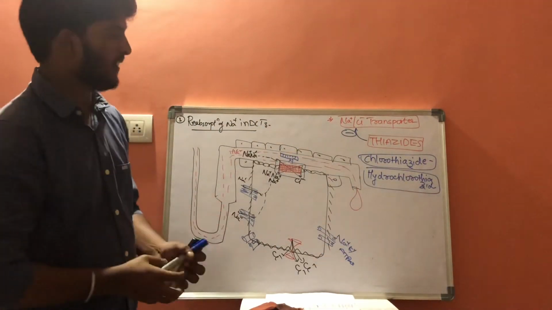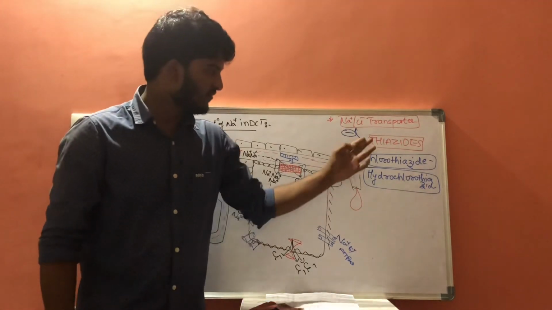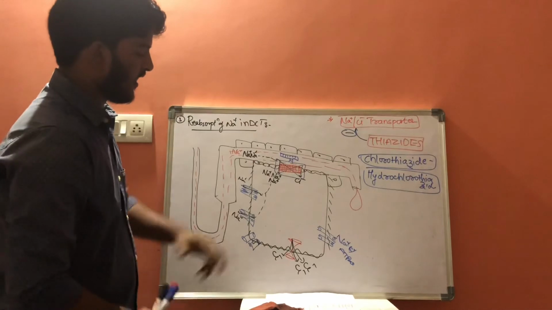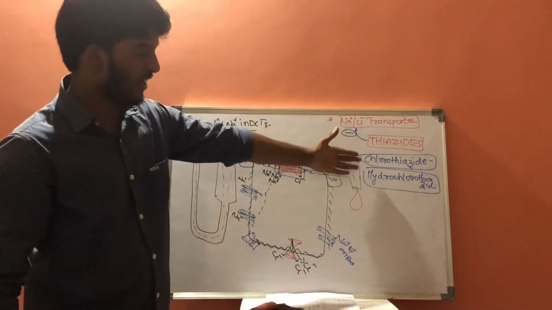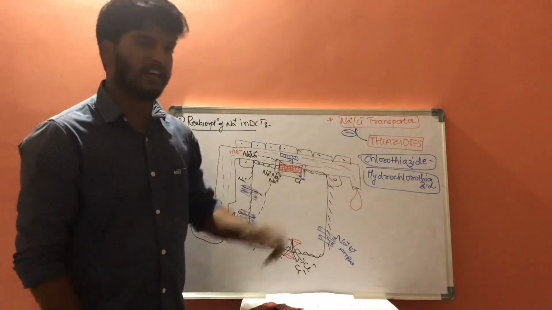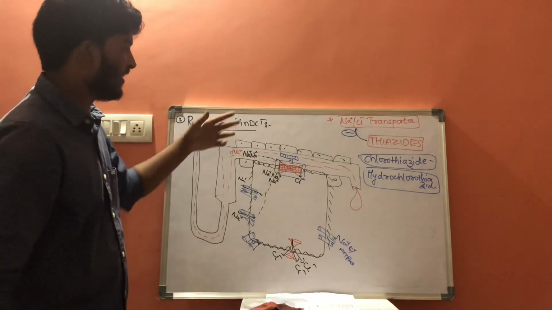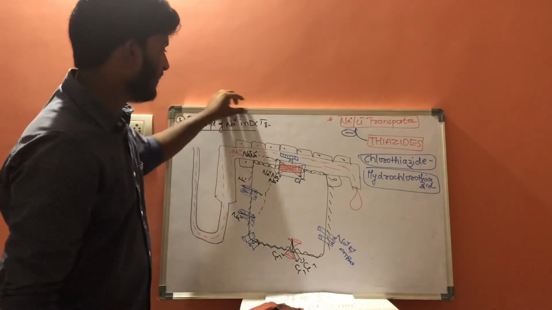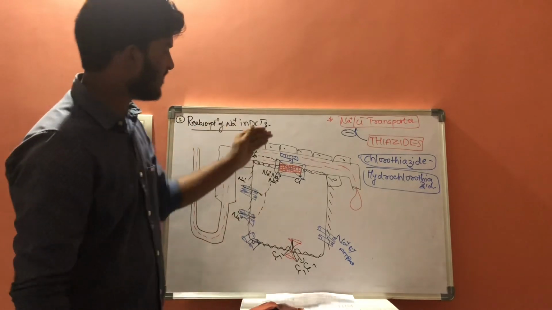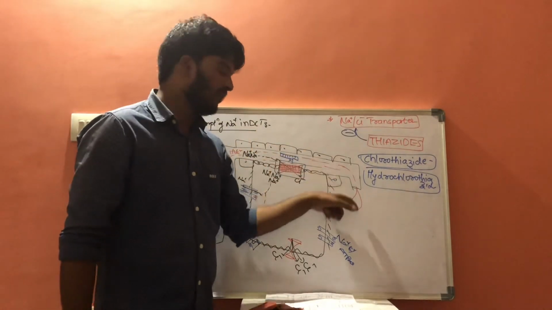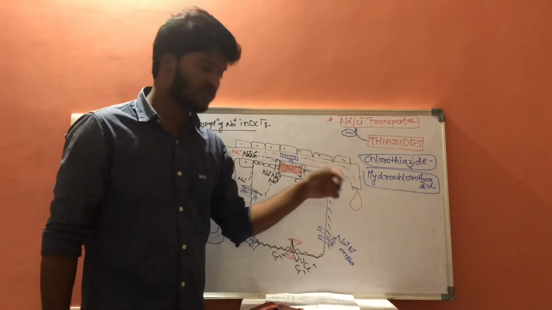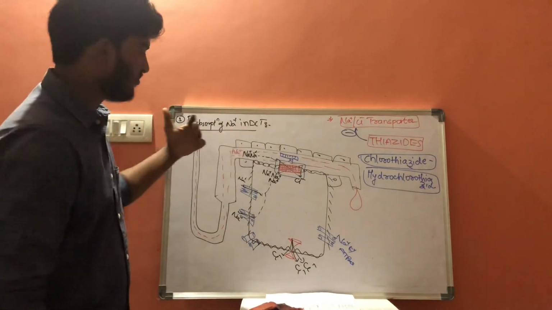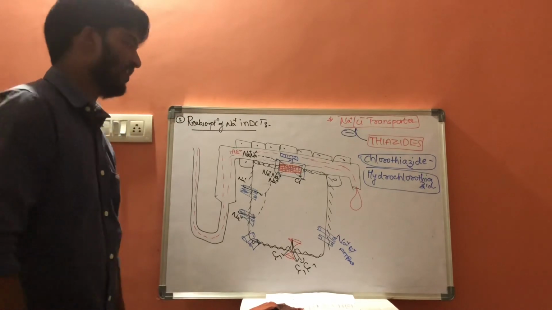There are many drugs, but at least we should remember these two. These are the drugs which inhibit the reabsorption of sodium in the DCT. That means they increase the concentration of sodium ions within the urine. So this is the third type of drugs which are used as diuretics.